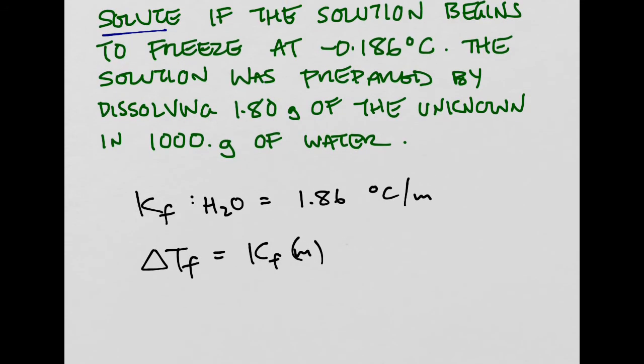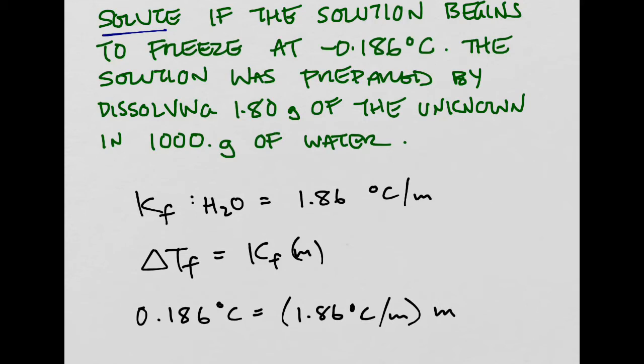Now you only need to take the absolute value of the delta TF, so I'm just going to write positive 0.186 degrees C, because it's a change. And since I just gave you seconds ago that the Kf of water is 1.86 degrees C per molal, I can insert that, and what we're solving for is the molality of this situation.